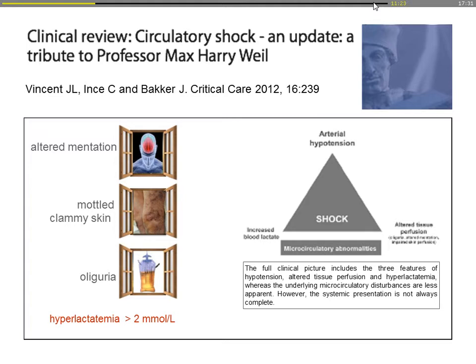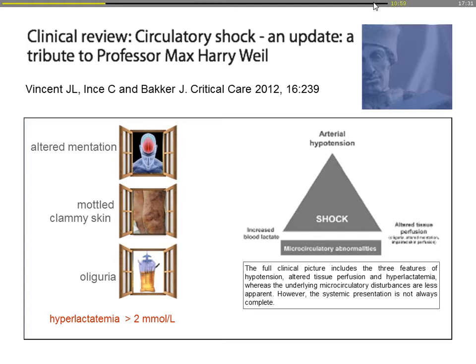When Max Ariwal did his studies, he introduced a few of these parameters that indicate inadequacy, as we wrote up a year after he died. That's the alteration of mentation, the mottled and clammy skin, the oliguria in some cases, and of course Max Ariwal's most favorite one, the lactate.